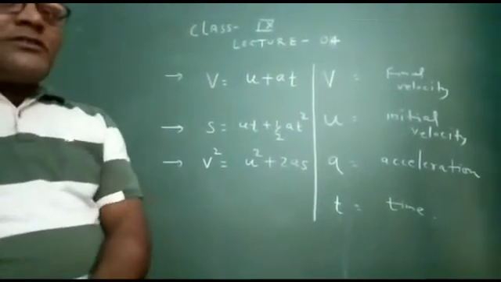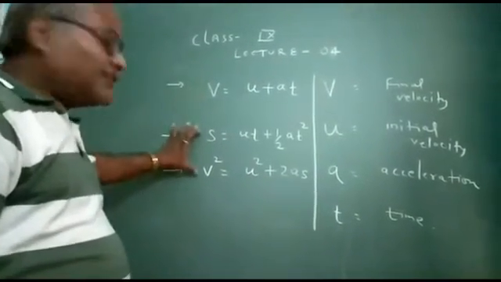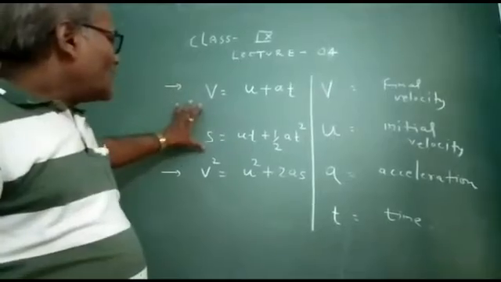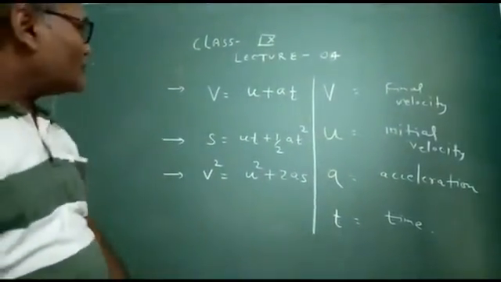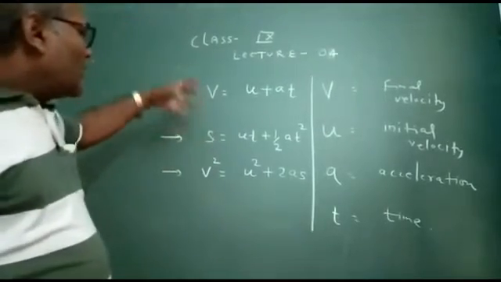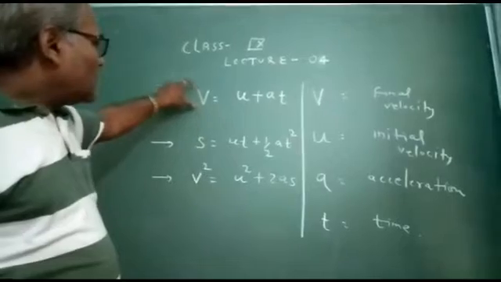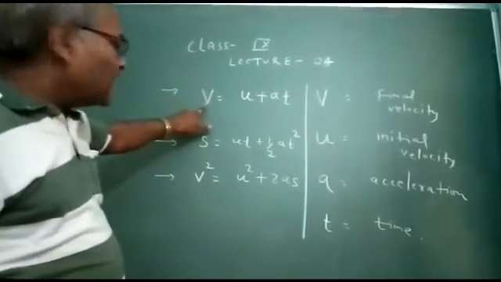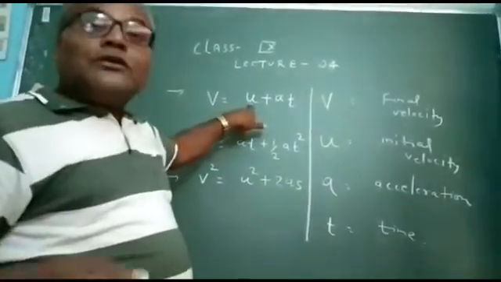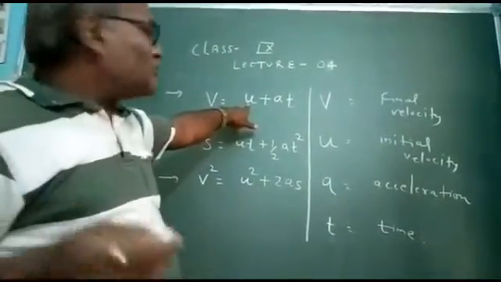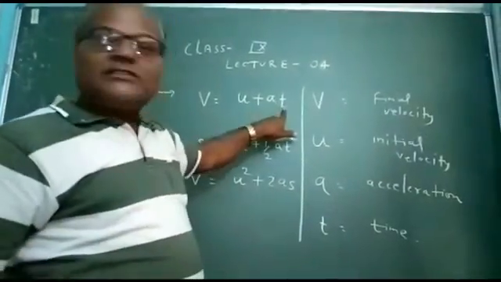In other words, these three equations hold only for constant acceleration. And again, v represents the final velocity, u represents the initial velocity, a is the constant acceleration, and t is the time.